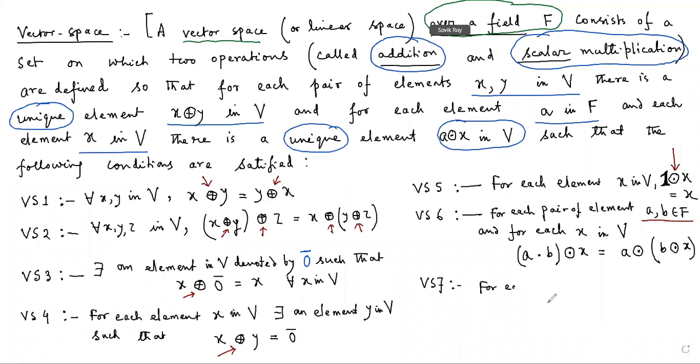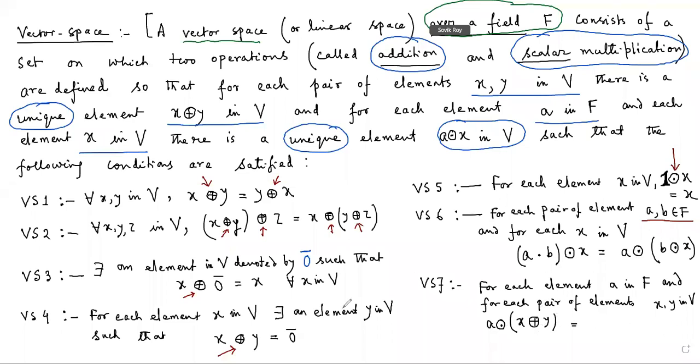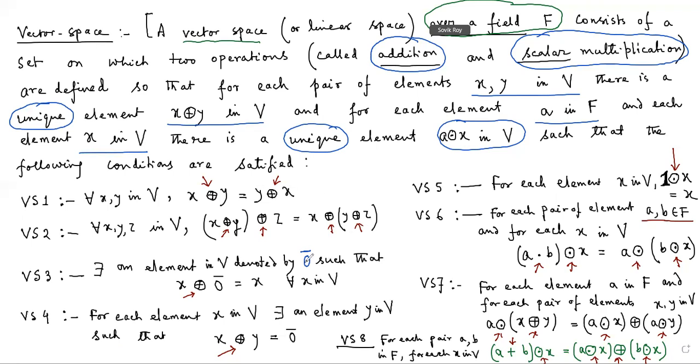For each element A in F, and for each pair of elements X, Y in V, we have this property that A dot X plus Y is equal to A dot X plus A dot Y. I'm highlighting these particular notations that I'm using over here. Just carefully observe.